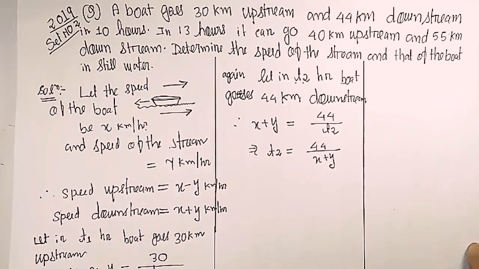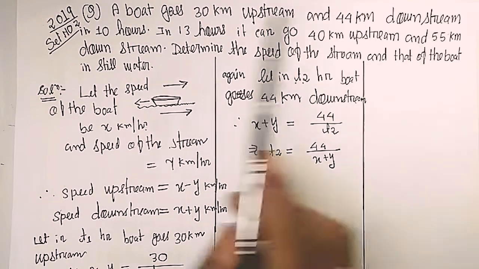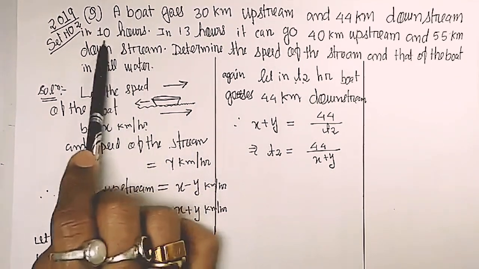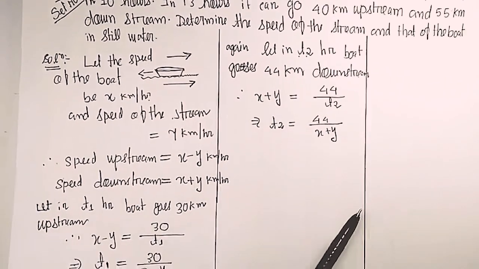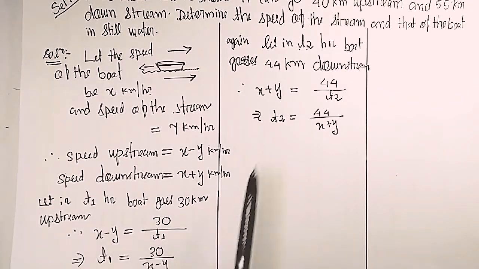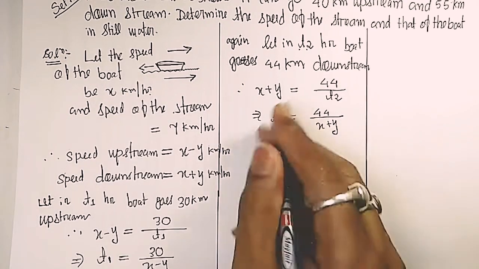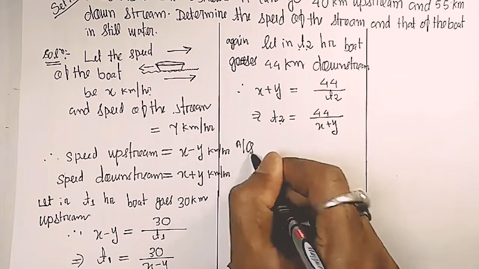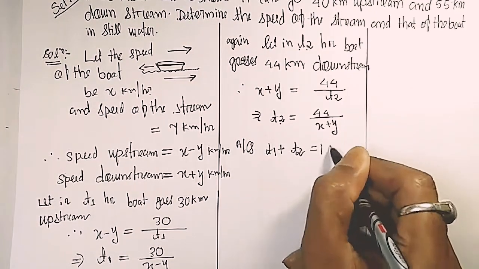Now let's move to the question. So 30 kilometers upstream, 44 kilometers downstream, and what is the total time taken? It's 10 hours. This is the key point. It means T1 plus T2 equals 10. So according to the question, T1 plus T2 equals 10.